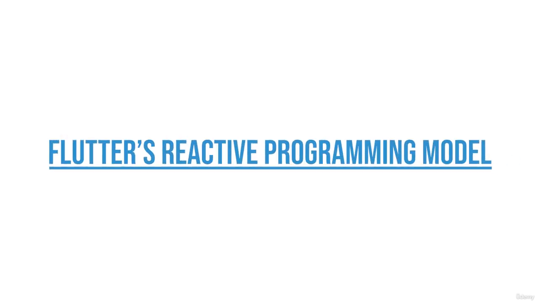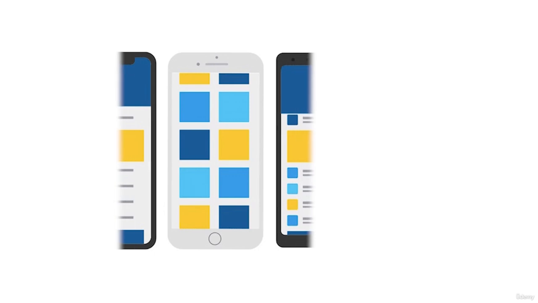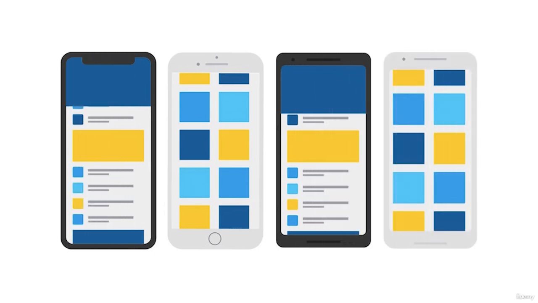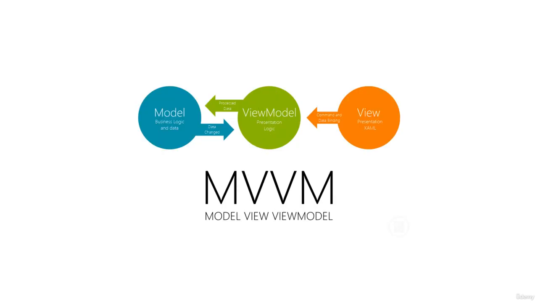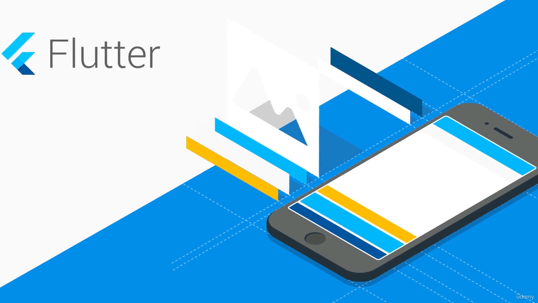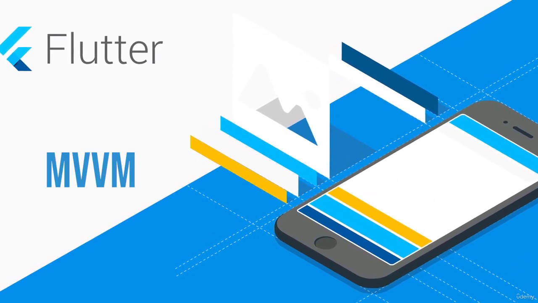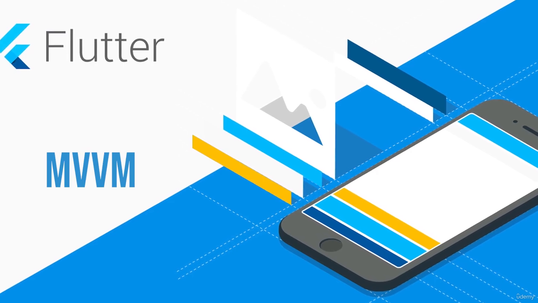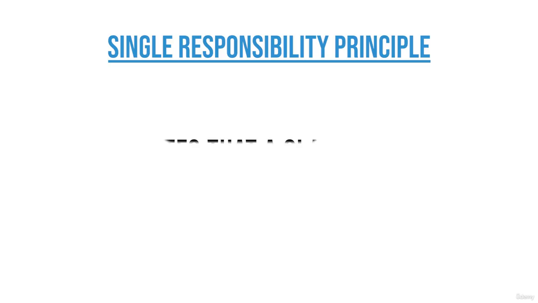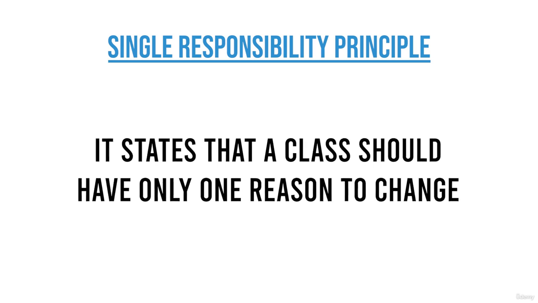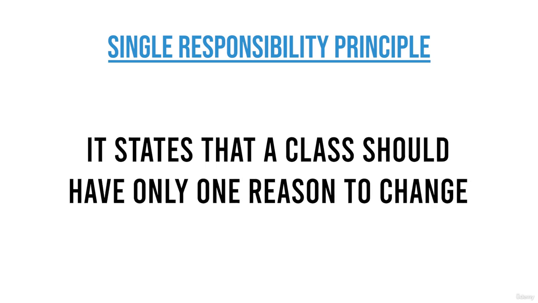Flutter's reactive programming model, which allows widgets to be rebuilt automatically when their underlying data changes, is also a good fit for the MVVM pattern. Additionally, the use of MVVM in Flutter can make it easier to follow the single responsibility principle, which states that a class should have only one reason to change.